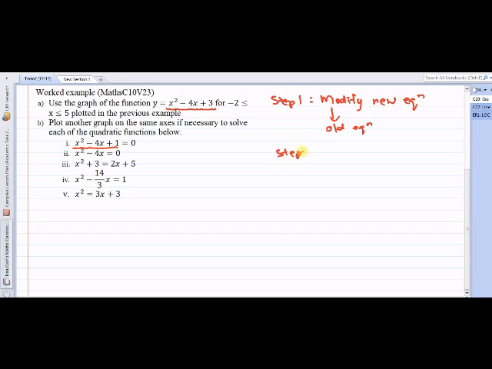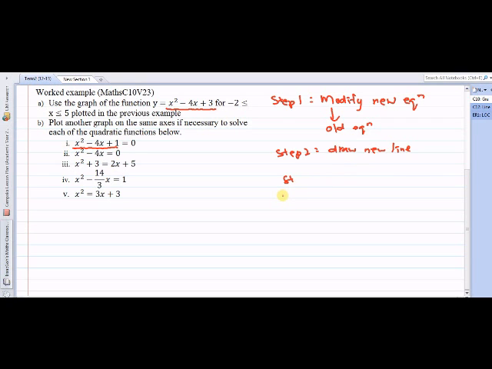Step 2, we need to draw a new line according to the new equation. Step 3, we need to read where the new line crossed the curve, here and here, for example. So, 3 steps.